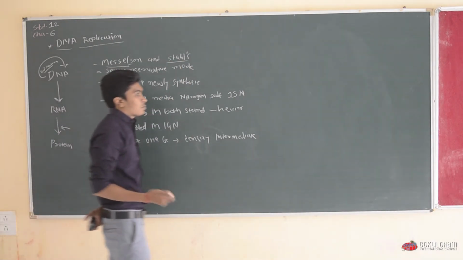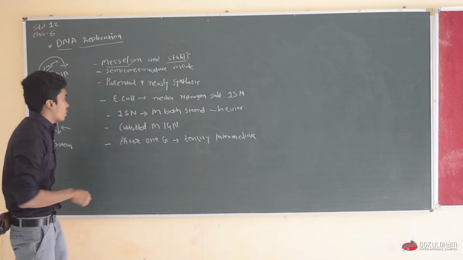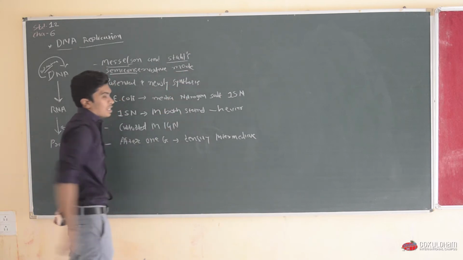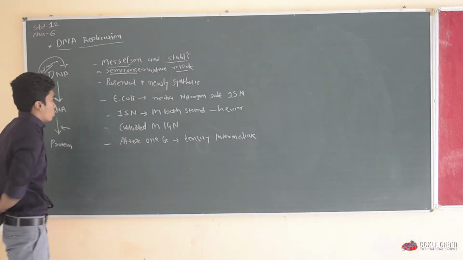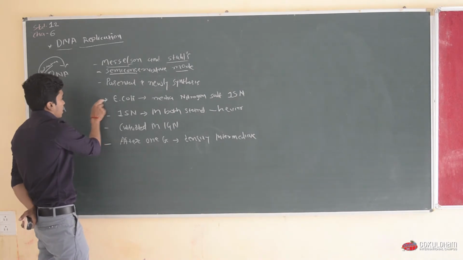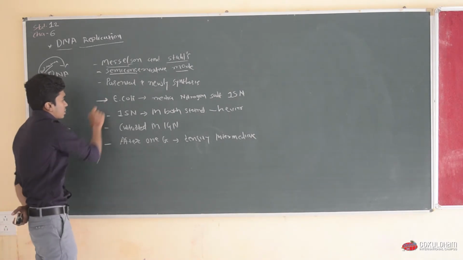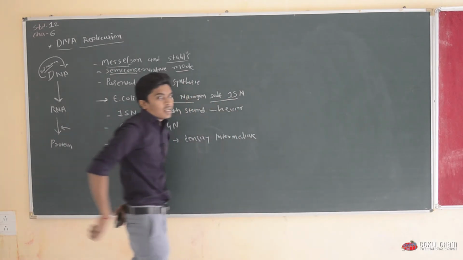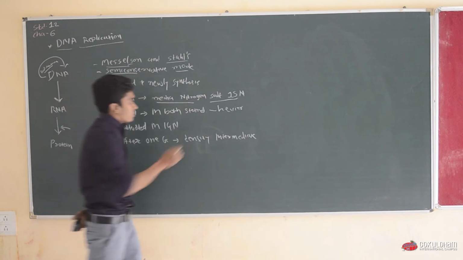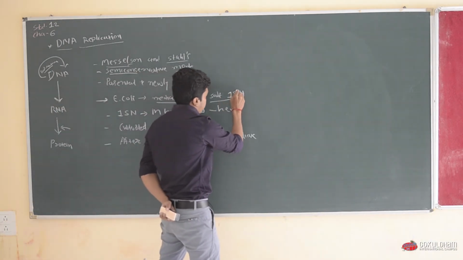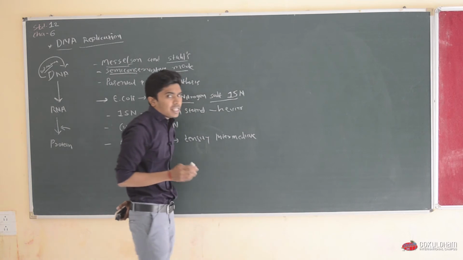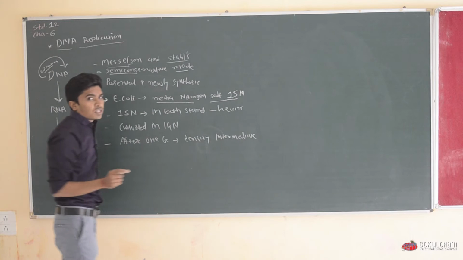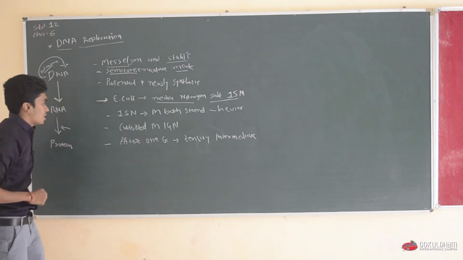They conducted the experiment on E. coli as evidence of the semi-conservative mode of DNA replication. What did they do? They took E. coli and grew them in a medium containing nitrogen salt with radioactive 15N.